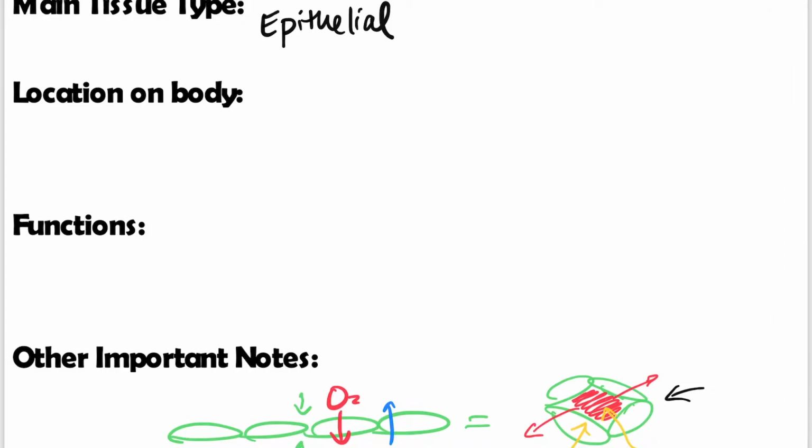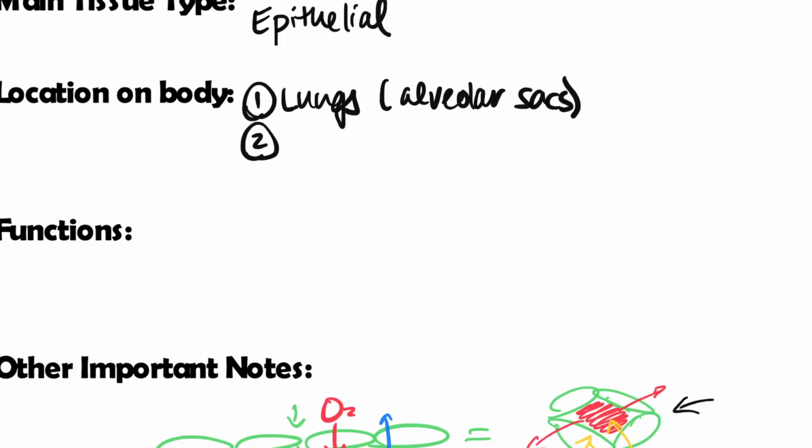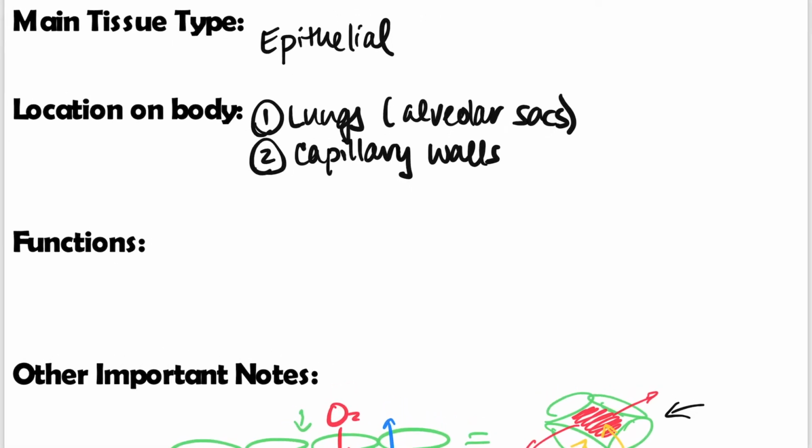So it's found in your lungs, and specifically the alveolar sacs of the lungs. But it's also found in your capillaries, the smallest blood vessels in your body.